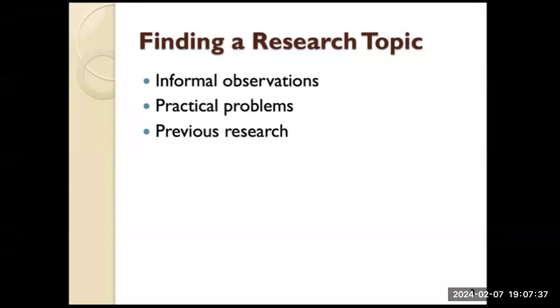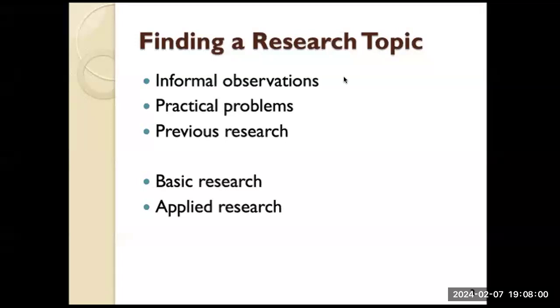Again, it is so important to be original. And I mentioned to you the difference between basic research and applied research. Basic research is simply conducted to add more to the knowledge base, to get a greater understanding of the human condition. Applied research, on the other hand, those are studies conducted to solve a practical problem.